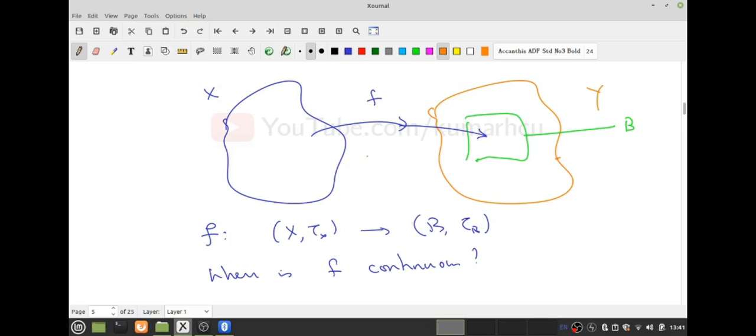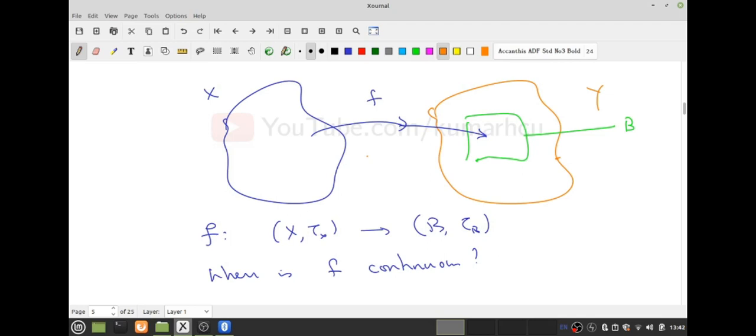Now what I want to do is look at the same thing as a map from X. Since B is sitting in Y, I am thinking of it as a map from X to Y. Now what is this? B is a new construction. We gave a subspace topology, constructed from the topology on Y. So tau B is a new construction.